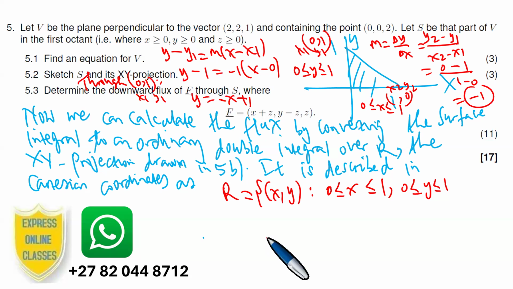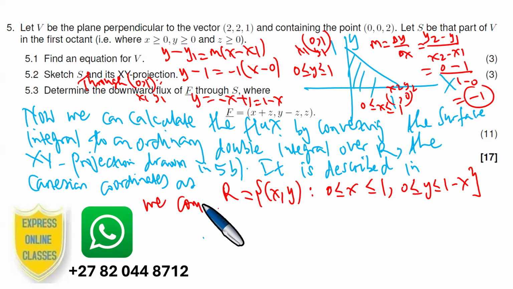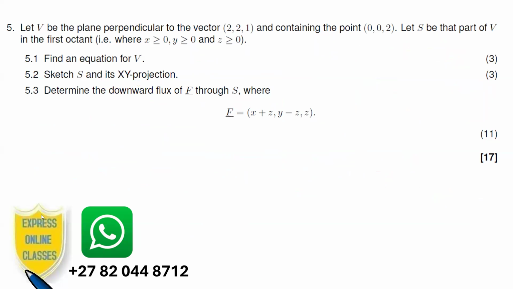This is the equation of the line. Or you can write it as 1 minus x. So that y is also 1 minus x. Okay. And then you close like this. We want to compute the following.